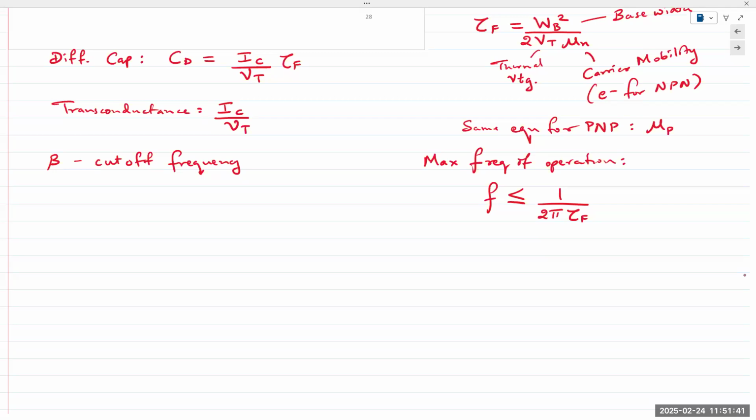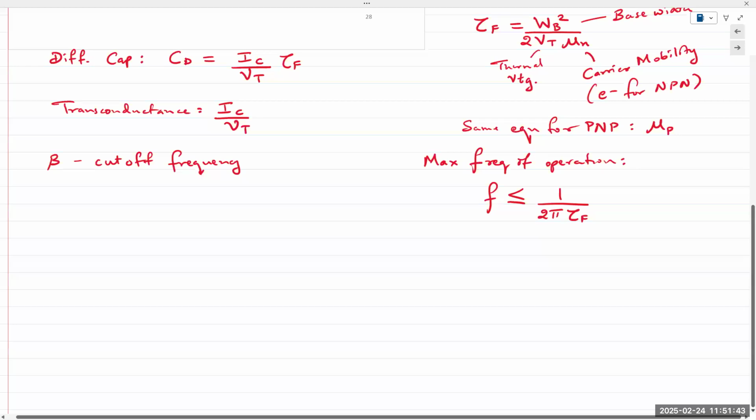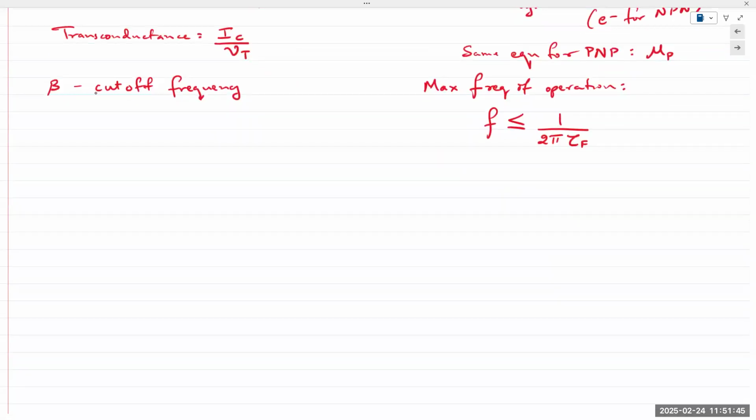So again, non-ideal, there is an upper limit for the beta cutoff frequency. And that is given by this equation, and I will explain every term in here.